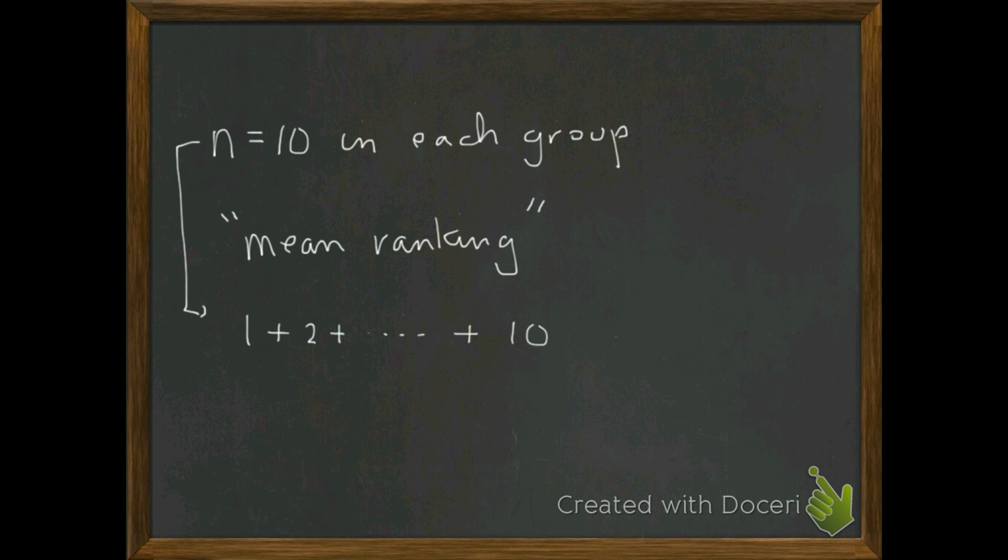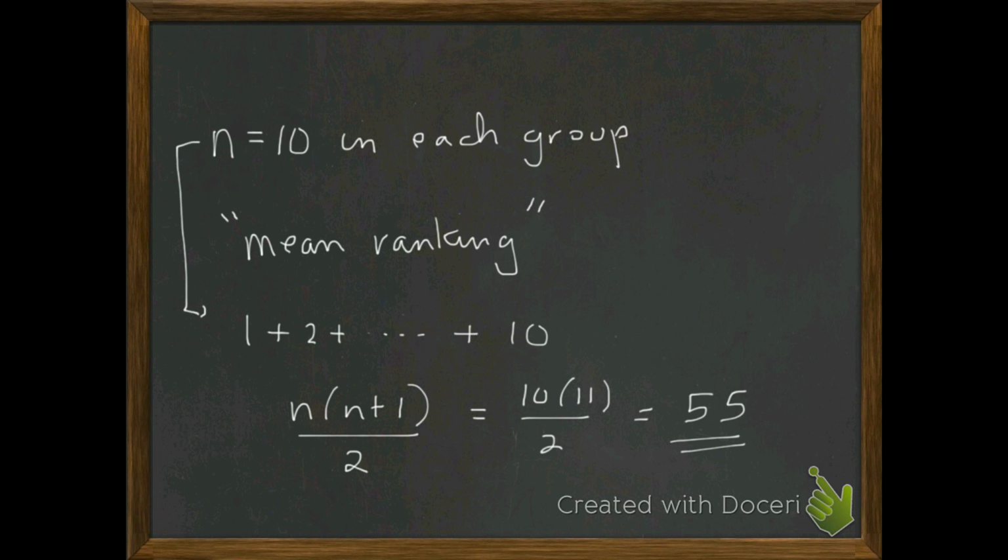We could easily do this on the calculator, but we also know that the sum of n numbers can be found by taking n times n plus 1 over 2. So in this case, we have 10 times 11 over 2, which gives us 55.